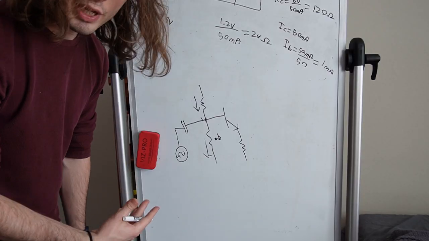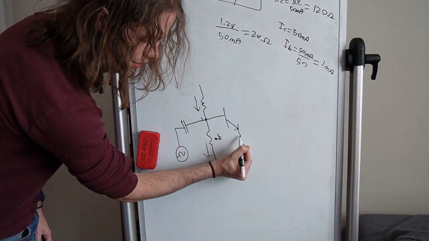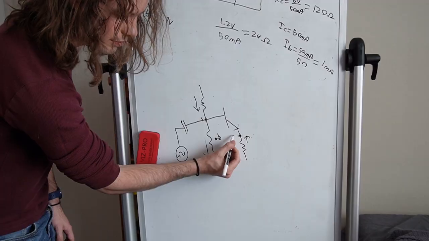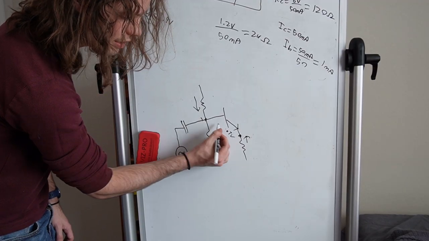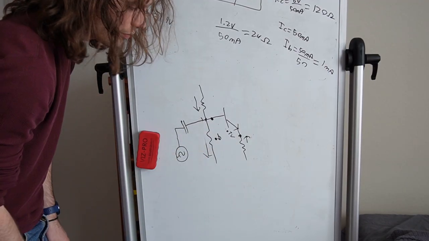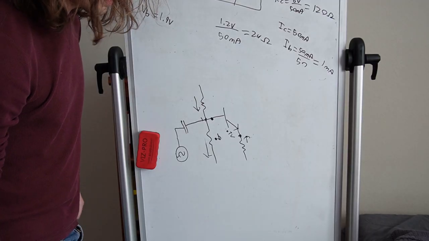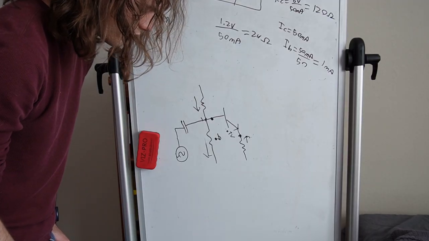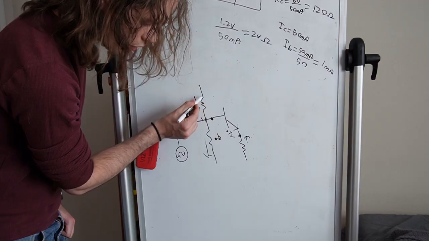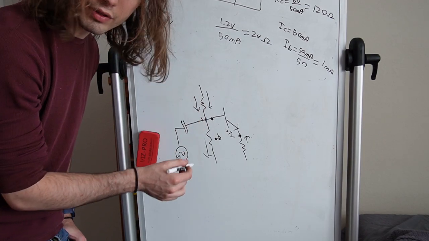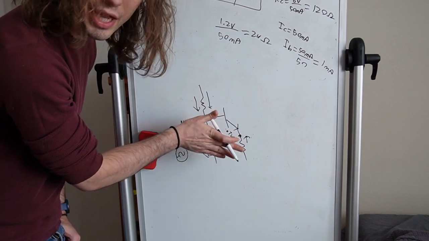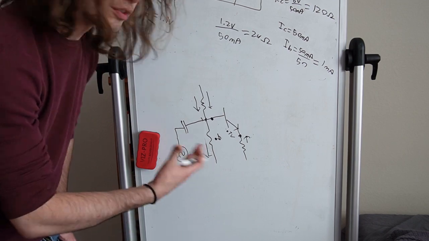If you have too much base current, then the voltage here will increase, and because this is just a diode drop away, this voltage will increase as well, which means that you will have less current flowing from this top point down, which means there won't be enough base current to supply it, meaning it'll stabilize.